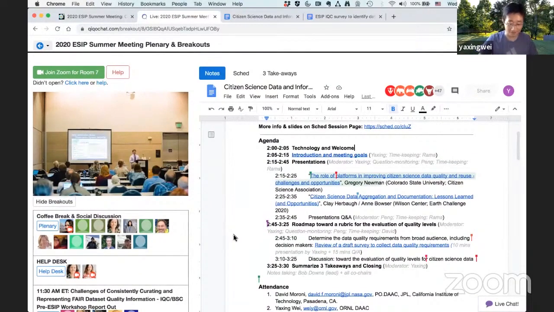So the next topic is a roadmap toward a rubric for the evaluation of quality levels associated with citizen science data and also products, including services. But before we get started, let me provide you with some background context behind this topic.